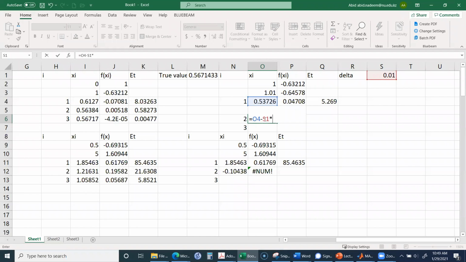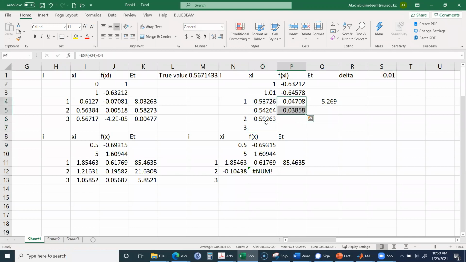So the value of the function was here, and then divided by the value of the function for this new case, minus the value of the function for the previous case. Because I did not calculate it, let me calculate it, and then it will automatically calculate. So it will be 0.59263.